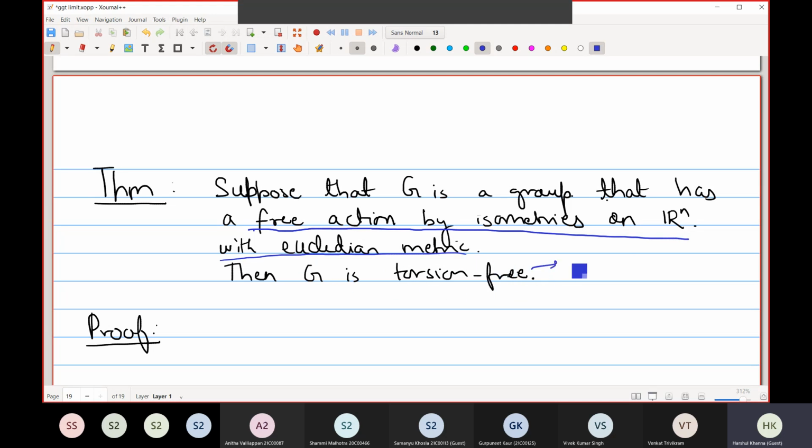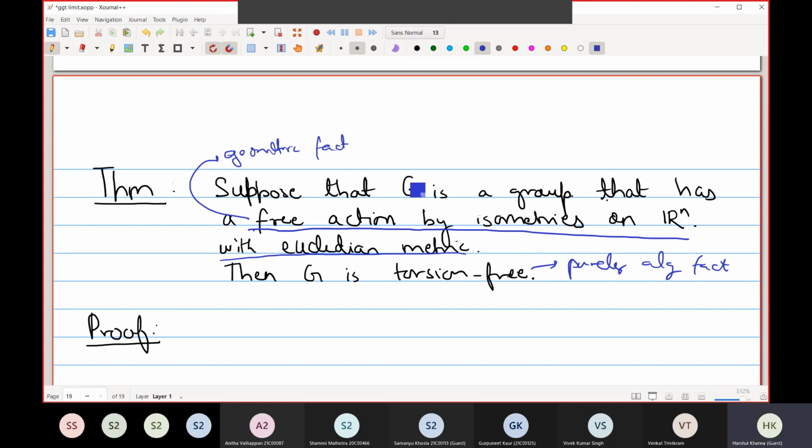Now this is a purely algebraic fact, and this free action is a geometric fact. So we want to show that a free action by isometries on R^n would mean G is torsion free.